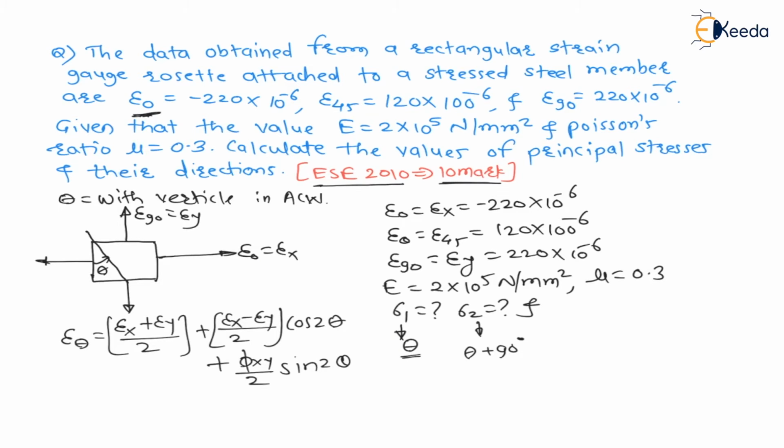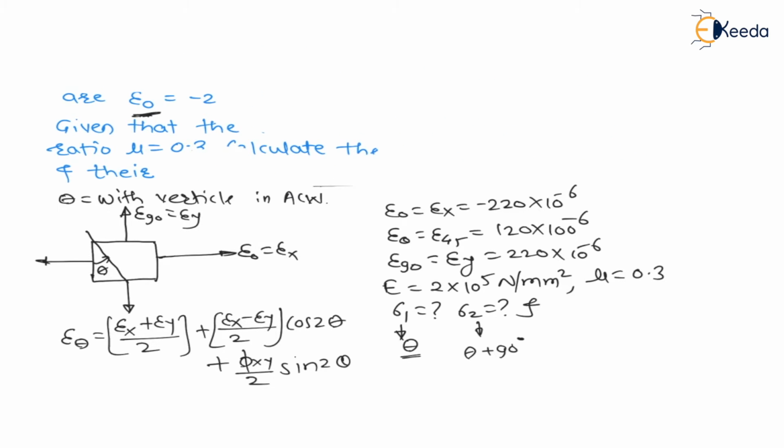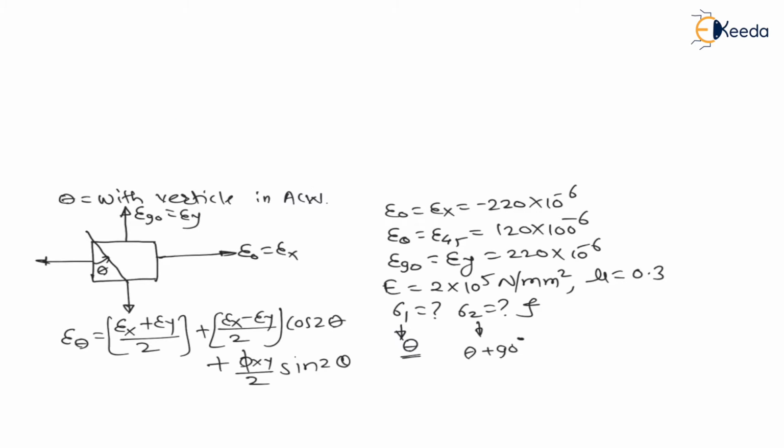This is the formula to find normal strain on any inclined plane. Here the normal strain on the 45-degree plane, E45, is given. Therefore, put theta equal to 45 degree.